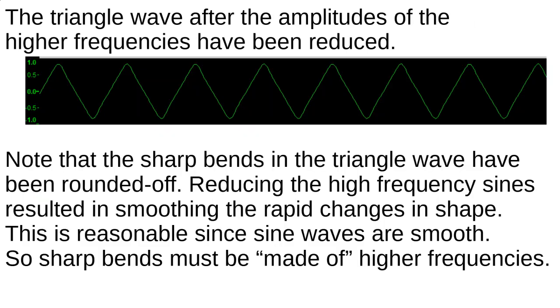The triangle wave after the amplitudes of the higher frequencies have been reduced. Note that the sharp bends in the triangle wave have been rounded off. Reducing the high frequency sines results in smoothing the rapid changes in shape. This is reasonable since sine waves are smooth. So, sharp bends must be made of higher frequencies.